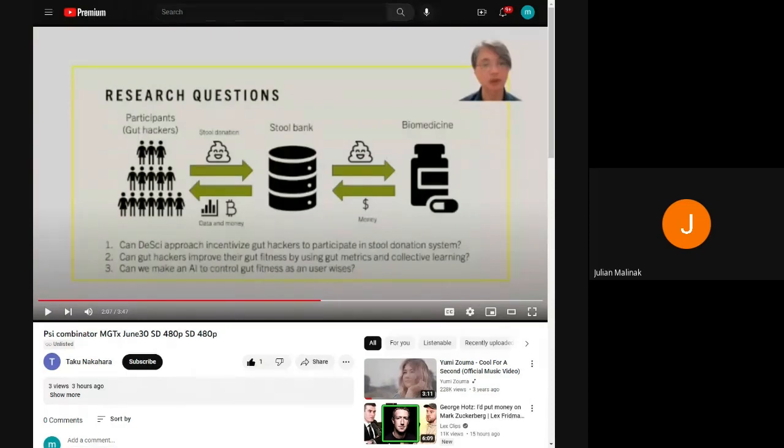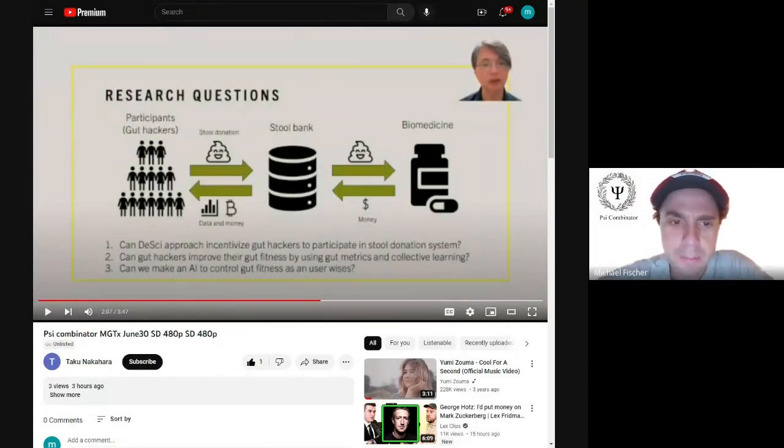I'm curious how you measure gut fitness, would be my question. But it sounds cool, and you're sort of closing the loop with a data thing, putting AI in the loop and figuring out if the AI can predict this optimization for gut fitness. I like the idea, and you can collect a lot of data easily.